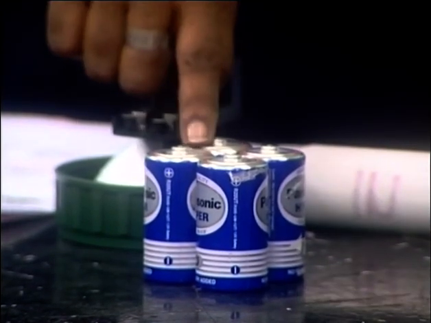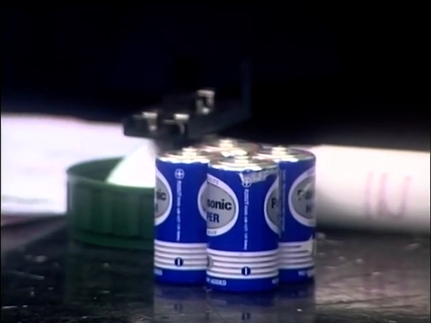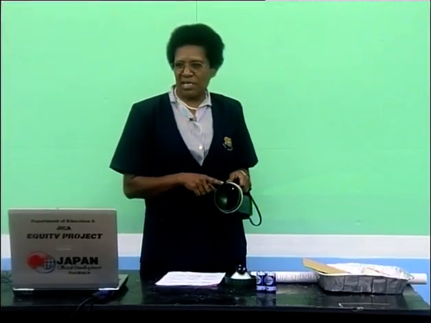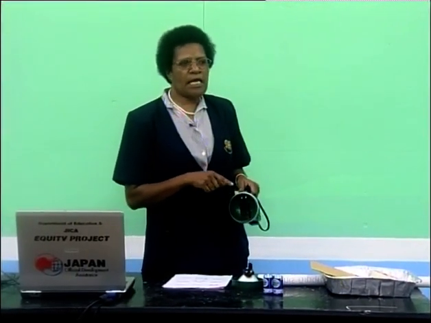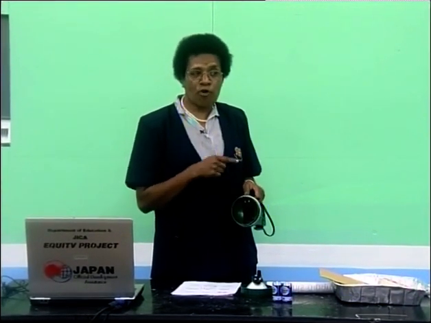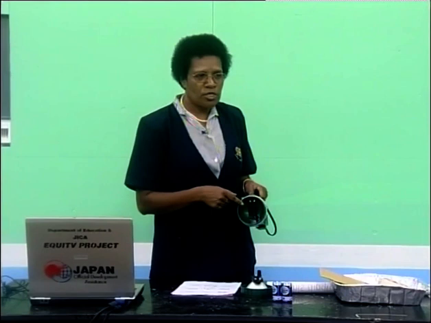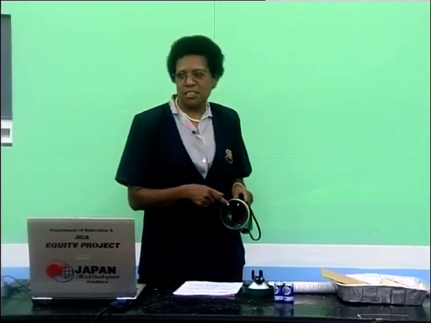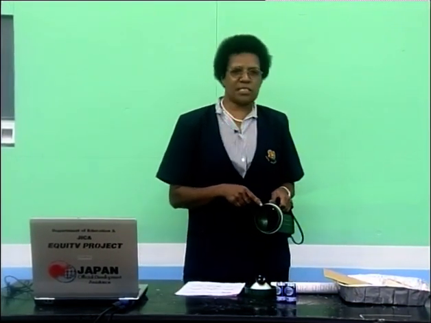But besides the batteries, there is also something that enables electricity to flow through the whole torch to produce light. You can tell me what that is. Michelle? Wire or a conductor. Very good.